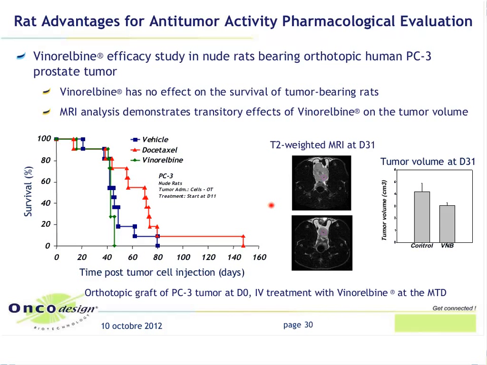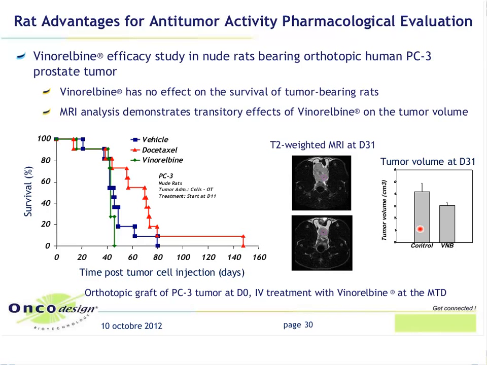Similar results were observed in nude rats bearing orthotopic human PC3 prostate tumors. Again, vinorelbine had no effect on the survival of tumor-bearing rats. However, it is interesting to see that at day 31, a transitory effect of vinorelbine on the tumor volume of the orthotopic tumor was observed.